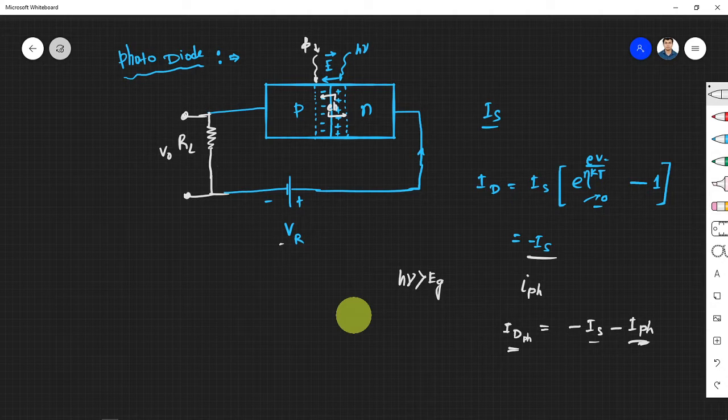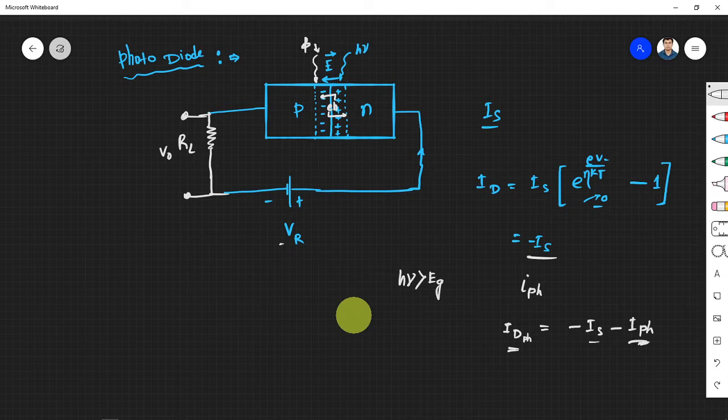Okay, so one more thing, why not in forward bias? Anyone can guess? Will this device work in forward bias if you do so? In forward bias the depletion region will decrease, and the number of electron and hole pair generation will be very small, so we get very small photocurrents. Yeah, perfect.